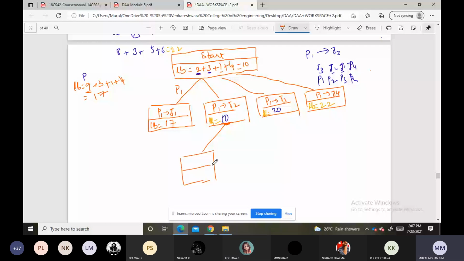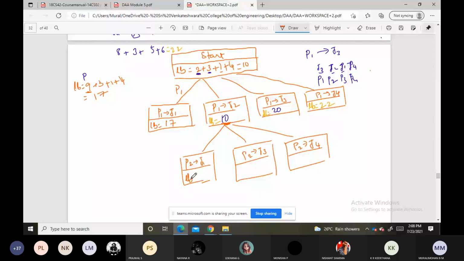Job 2 has been assigned, so person 2 can be assigned with job 1, job 3, or job 4. Similarly, you find out these lower bound values.